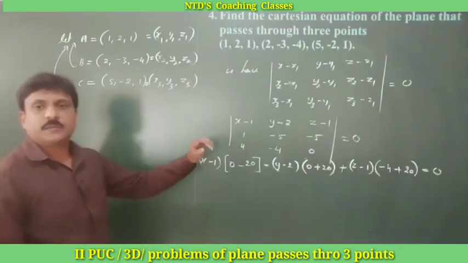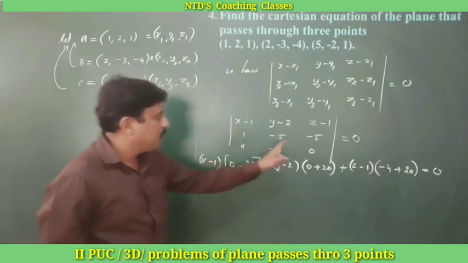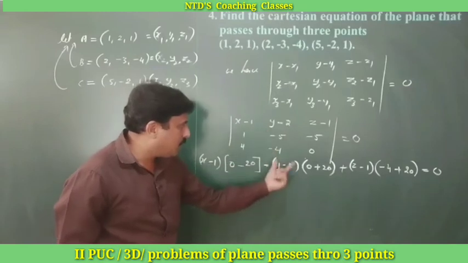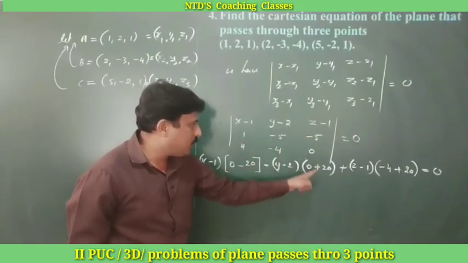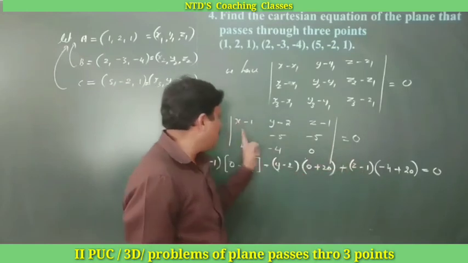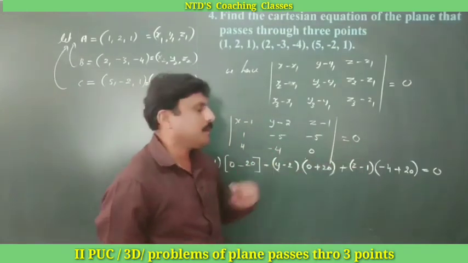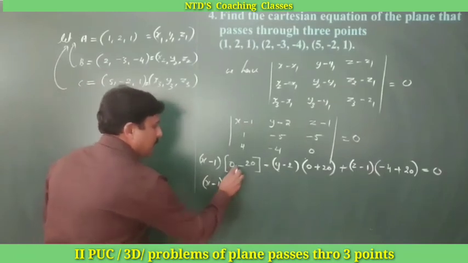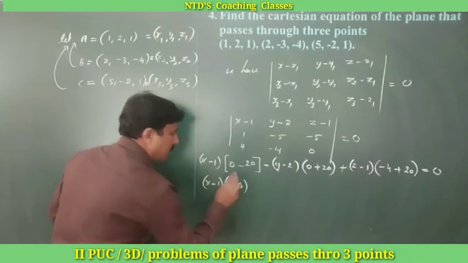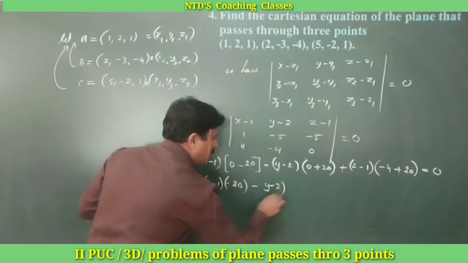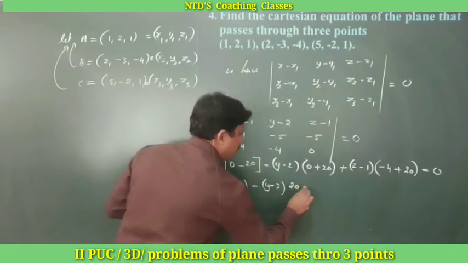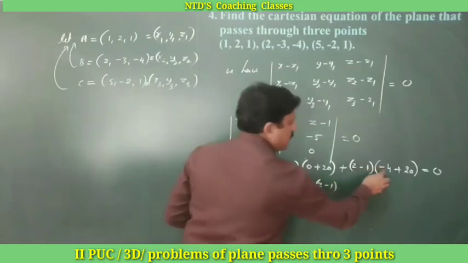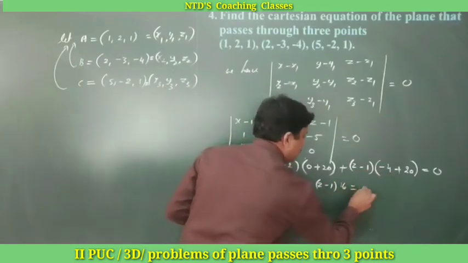Once again, determinant expansion: x minus 1 into 0, minus 20, minus of y minus 2 into 20, plus z minus 1 into minus 4 plus 20, 16, equals 0.